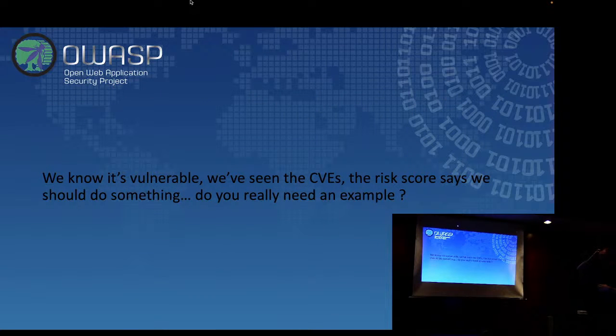So, again, do we really need an example? I can point to Struts. I can point to a bunch of e-commerce stuff. Every week, it's just more and more of the worst stuff we've seen. So, you see the CVEs, you see the zero days, you see the vulnerabilities, just patch it.